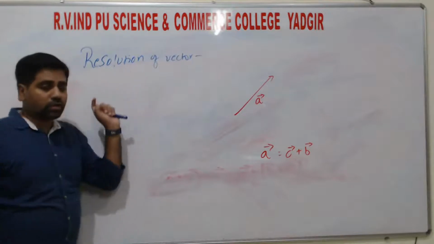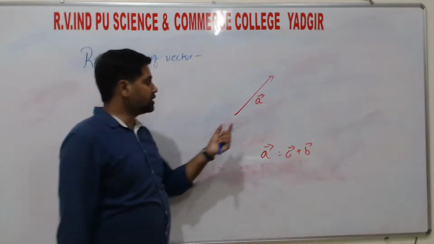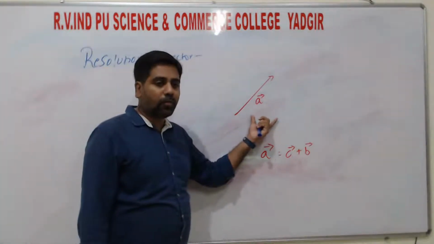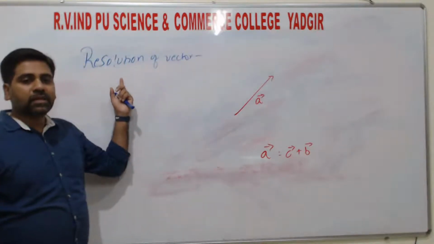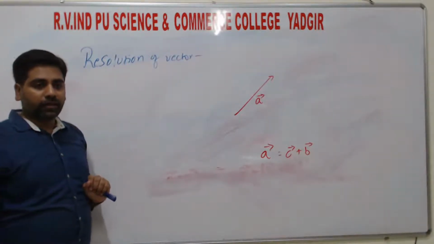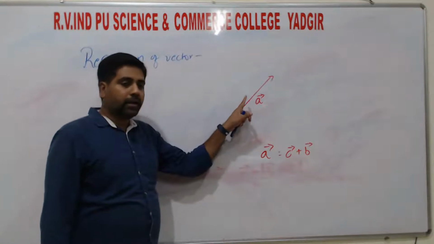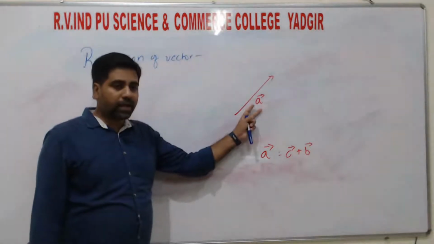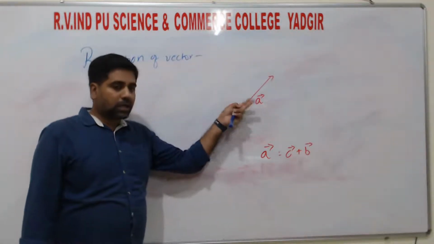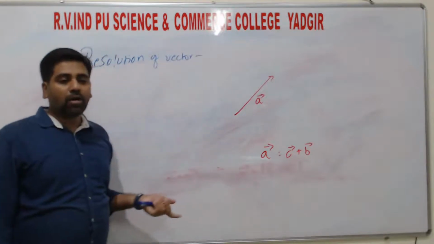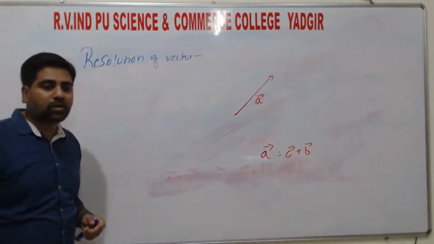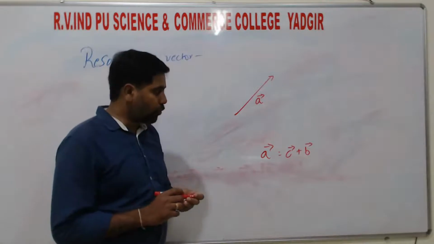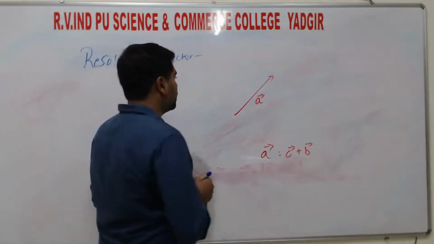So resolution of vector is simply the splitting of a vector into its components. If we split this vector into its horizontal and vertical components along the axis, those components are called rectangular components, right?